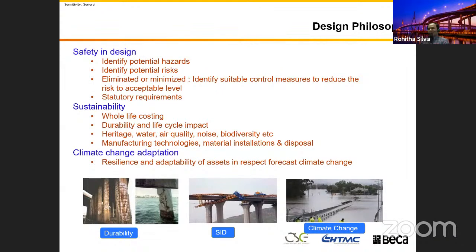And you have to use the right manufacturing technologies, materials, installation and disposal. Those things you need to consider. And the resilience and adaptability of the asset with respect to climate change. I think this is a good example, climate change. People do flood modeling and predict that the bridge is not going to go underwater even in a 1 in 100-year flood, but in this flood, the bridge is underwater.